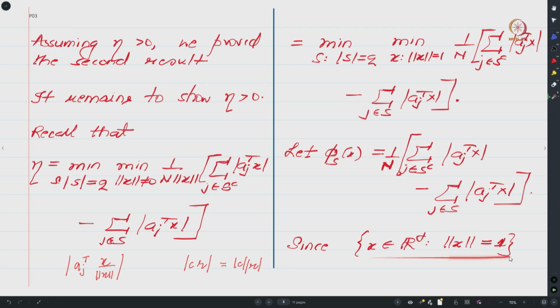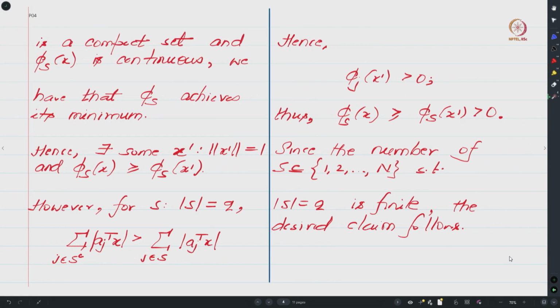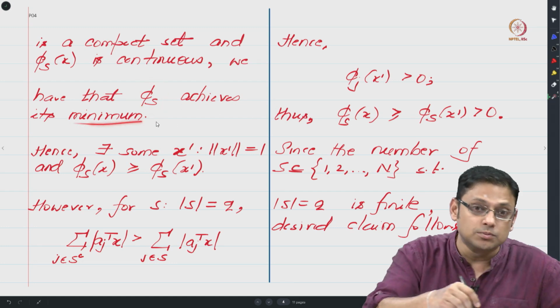It is compact because it is closed and bounded. Furthermore, phi_S of x is a function that is continuous in x, and we know that any continuous function on a compact set achieves both its maxima and minima, and for us what is relevant is the fact that this function achieves its minima.